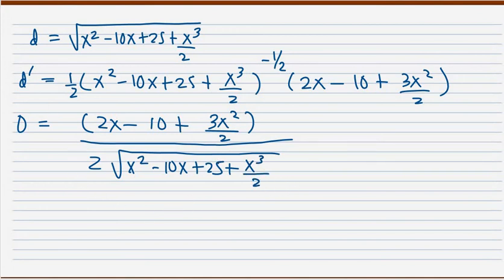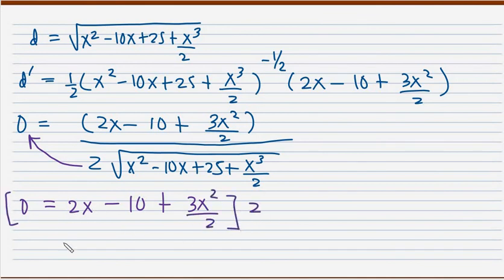We can go ahead and multiply the denominator by 0, so that the simpler numerator is all that is left. So we have 0 is equal to 2x minus 10 plus 3x squared over 2. Let's multiply by 2 to simplify the quadratic equation. So we have 0 is equal to 3x squared plus 4x minus 20.